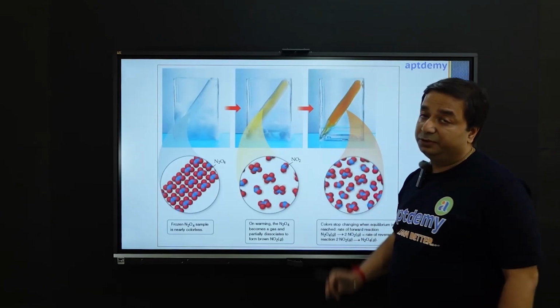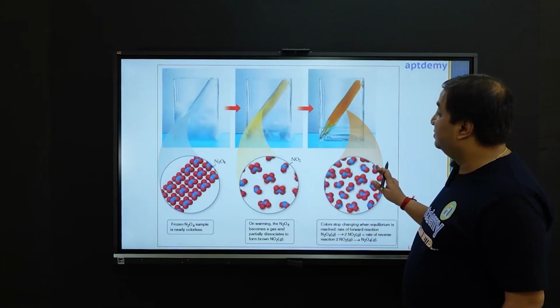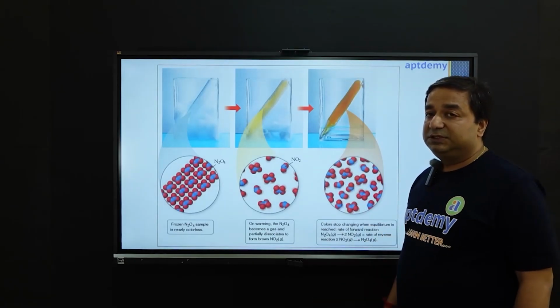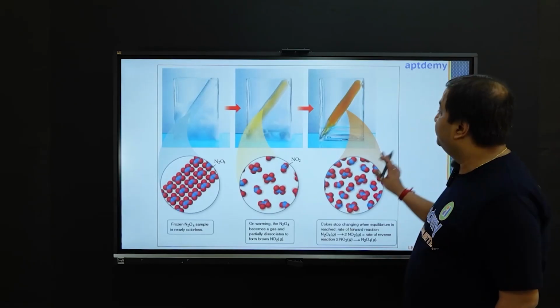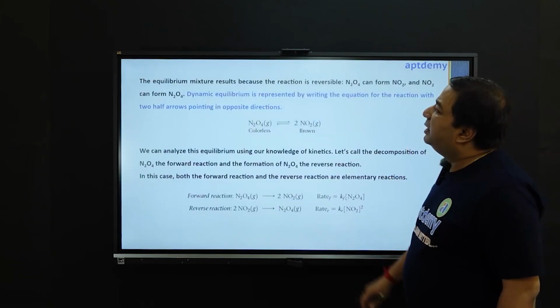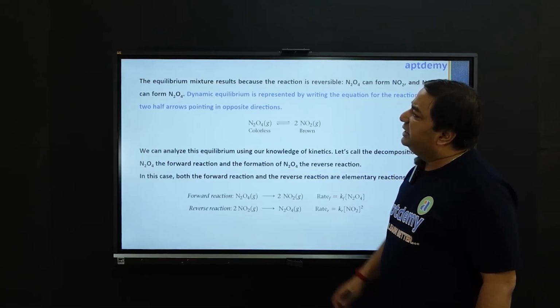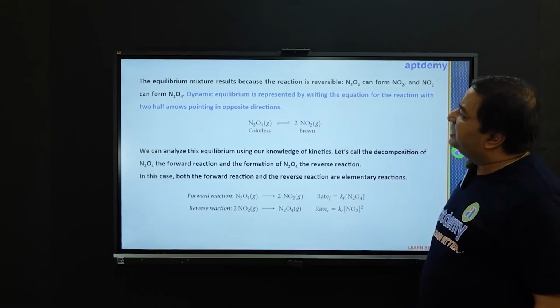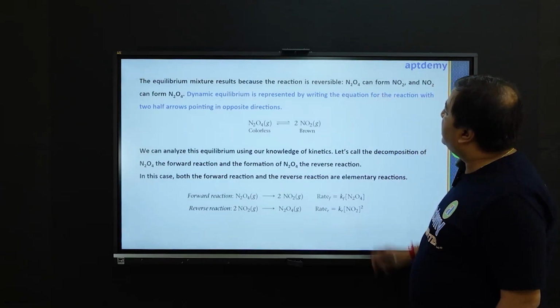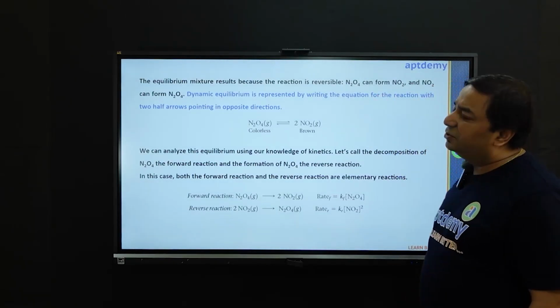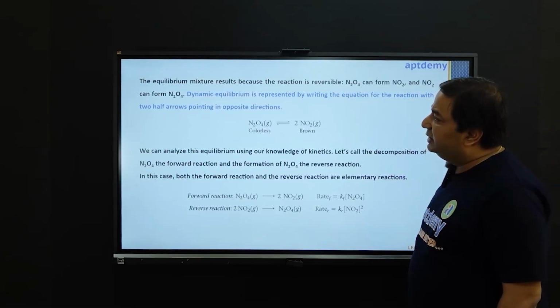Remember, this is a sealed tube. So for equilibrium conditions, the container should always be closed or sealed. Now, the equilibrium mixture results because the reaction is reversible. N2O4 can form NO2 and NO2 can form N2O4.